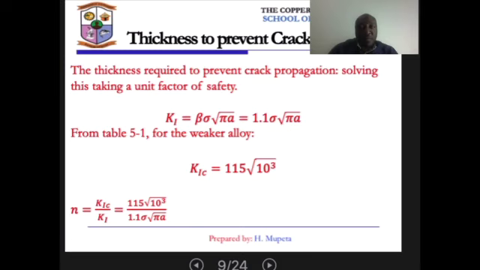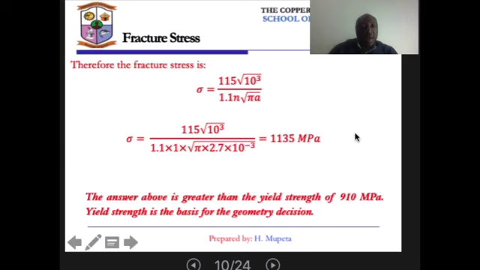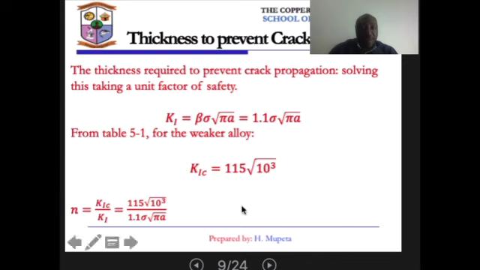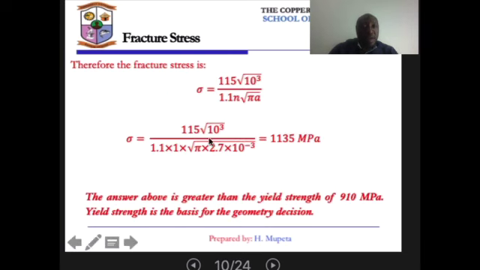From there, we can now calculate by making the stress the subject of the formula for the factor of safety, so that the formula becomes the fracture toughness divided by 1.1 multiplied by n, which is a way in which we can find the stress.